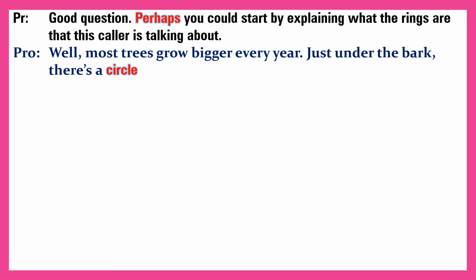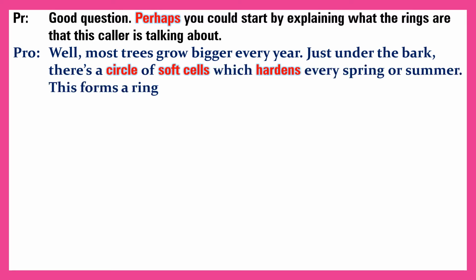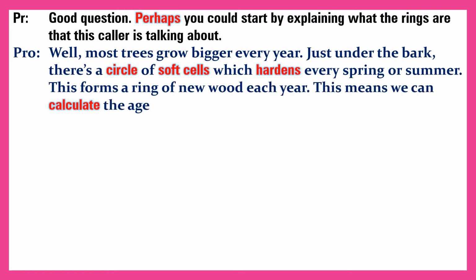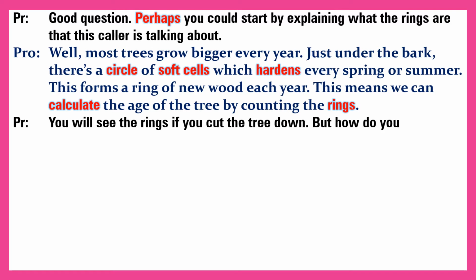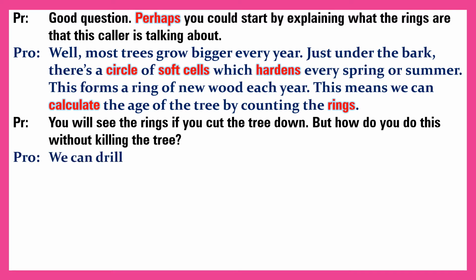Professor: Well, most trees grow bigger every year. Just under the bark, there's a circle of soft cells which hardens every spring or summer. This forms a ring of new wood each year. This means we can calculate the age of the tree by counting the rings.